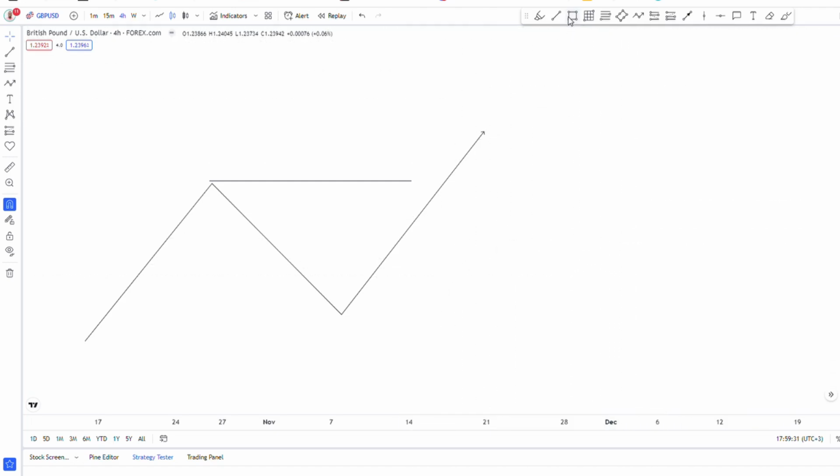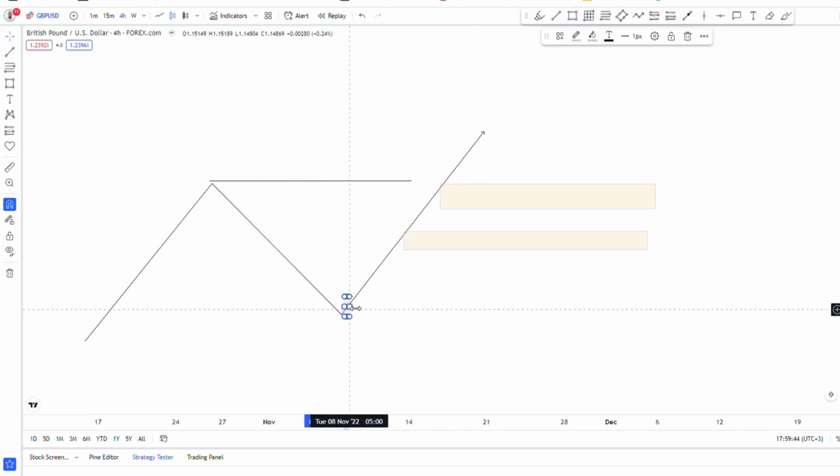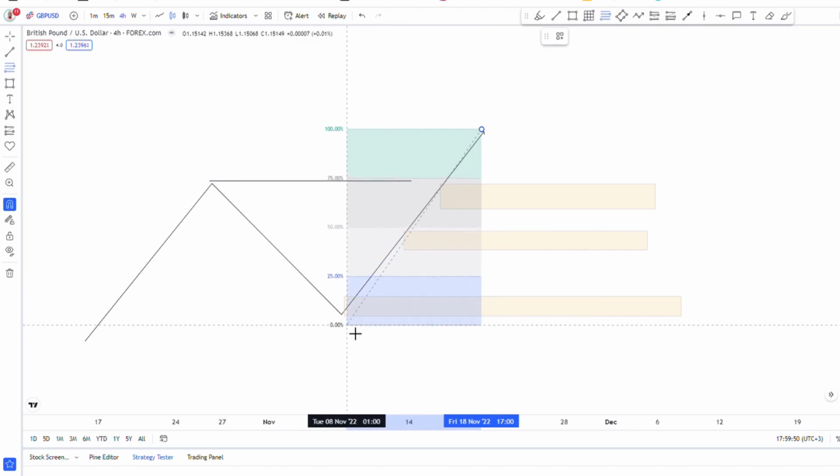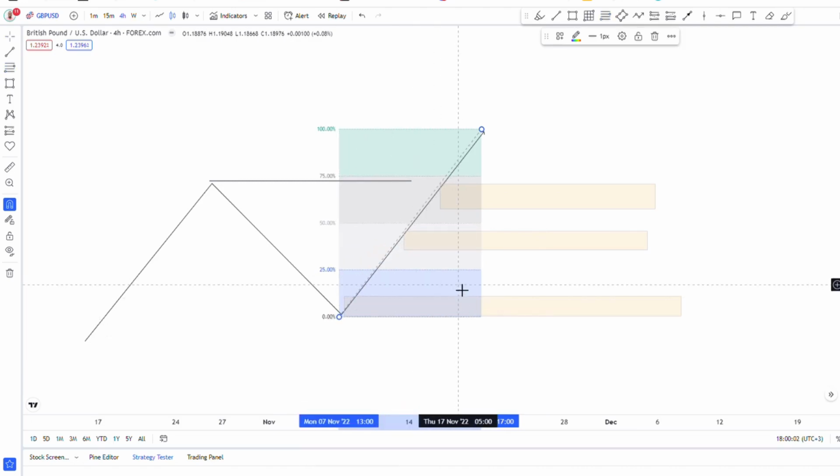Now let's look at a case where we are having multiple demand zones. So we have a zone there, another one around here, and another zone around this area. Now if we take our Fib tool and put it from the top to the swing low, then we can see that this zone is a discounted price zone.